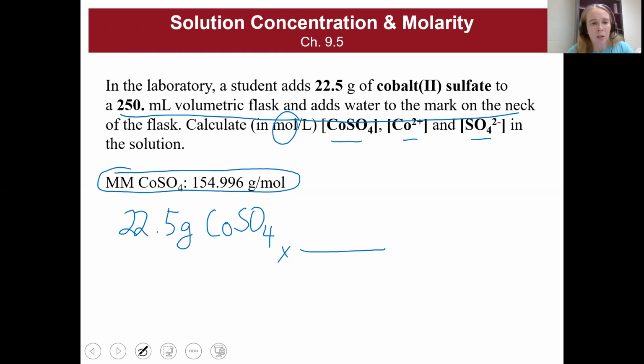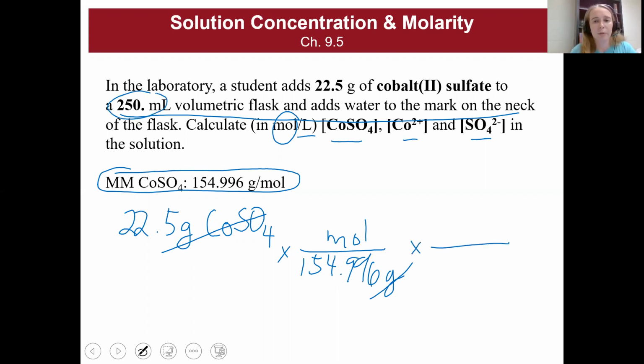Our molar mass is 154.996 grams per mole. Note the way I write it, with grams on the bottom so that I can cancel out grams. That gives us moles. And then to get to moles per liter, we're going to divide that number of moles by our volume, which is 250 milliliters.